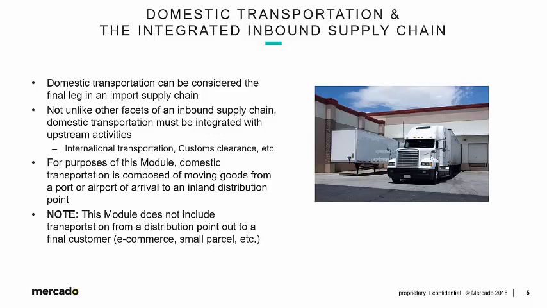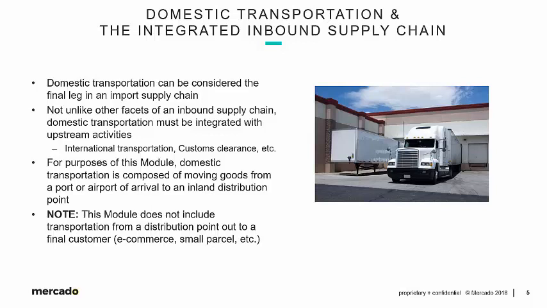Going all the way back to Module 1, which was entitled An Integrated Supply Chain, and other modules on sourcing, on purchasing, we talked a lot about integrating activities, bringing them together, identifying the interdependencies that exist as goods move from being on a purchase order into production, into shipping, through customs clearance. That approach doesn't change. In fact, it should become more intense as we transition from an international environment, goods arriving to a port or an airport, out into a domestic environment.